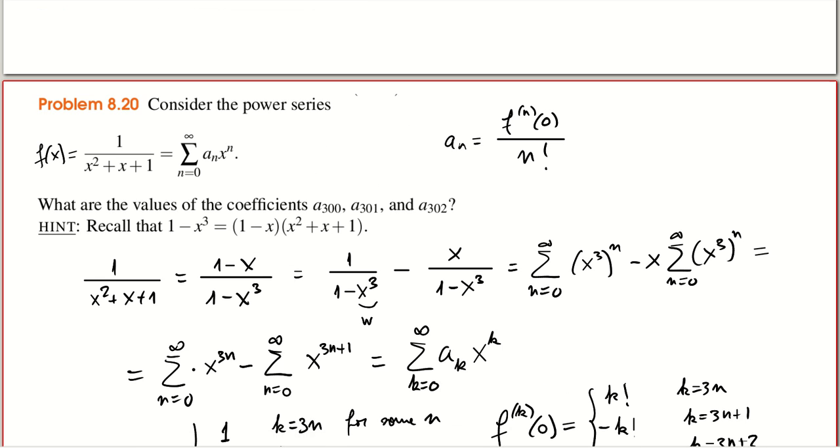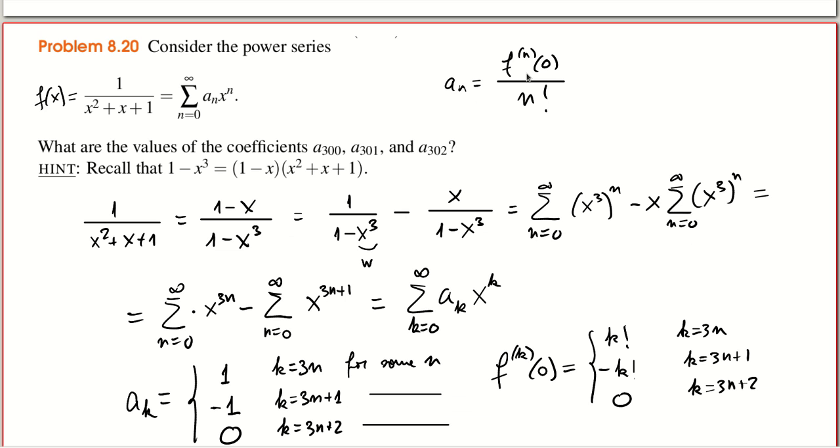So if you try to do it by brute force using the formula, you don't get very far, because taking derivatives of this function is painful, and it's very hard to find a pattern that the derivatives follow. However, if you apply this simple trick, rewriting this as this fraction here, then it's very easy to divide this into two series, and each of them is easy to calculate.